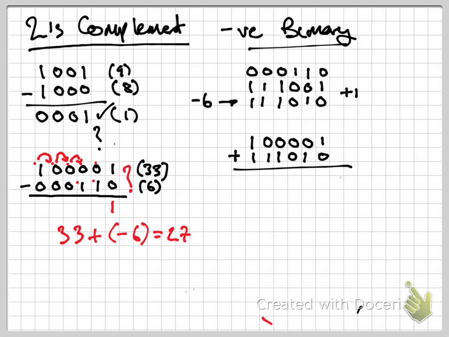So 1 plus 0, 1, 1, 0, 1, 1. We have 1 plus 1 here, so we end up with 0, and then we end up with a carry bit that we're going to get rid of and throw away. We don't need to worry about that. And of course the answer we're left with here is now 27.